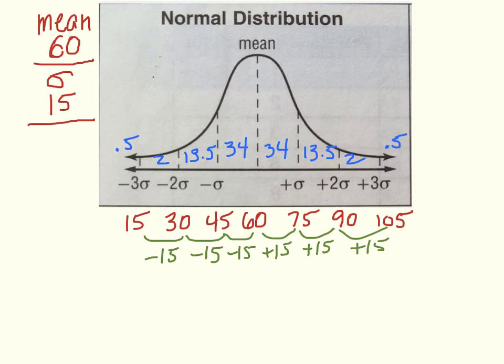We could say that 81.5% of the data falls between a 45 and a 90. That's 34 plus 34 plus 13.5. So 81.5% of the data falls between a 45 and a 90.